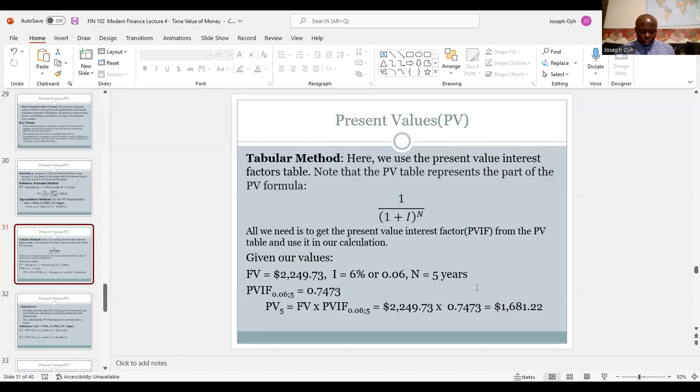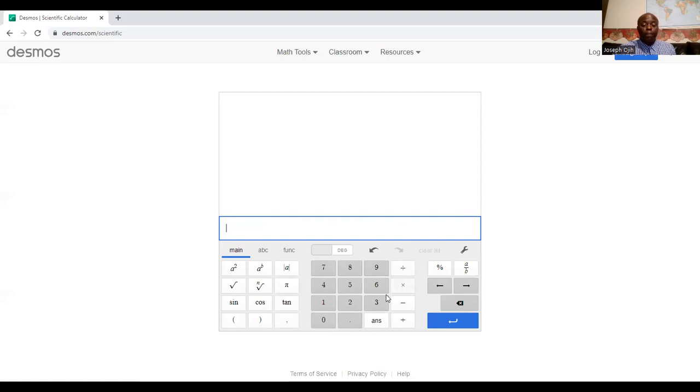We have 2,249.73 times 0.7473. So going to the calculator, we have 2,249.73 times 0.7473.